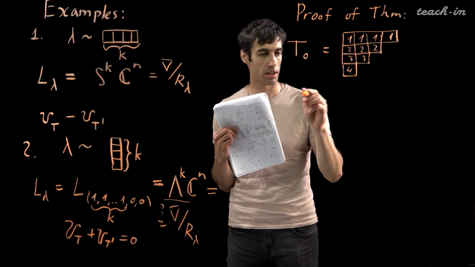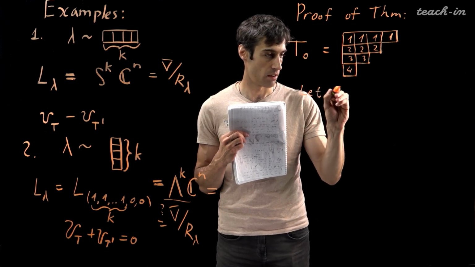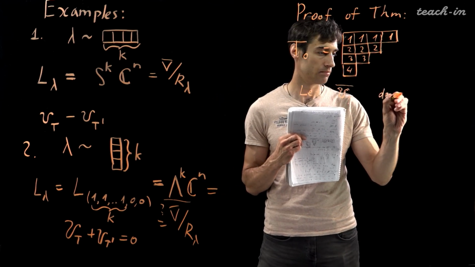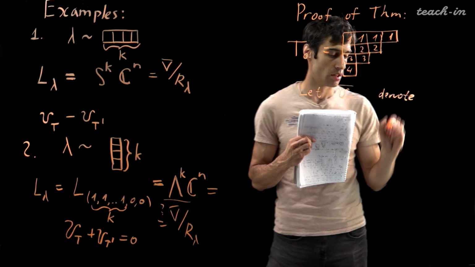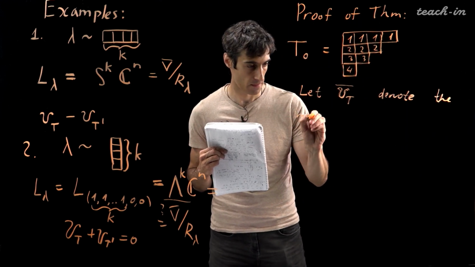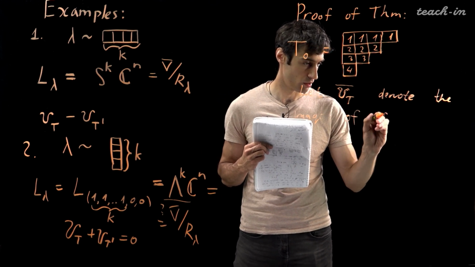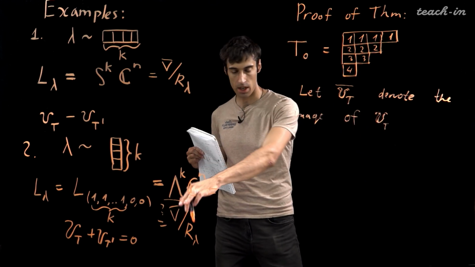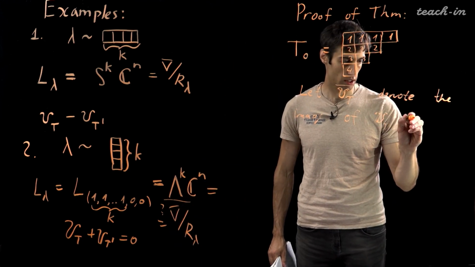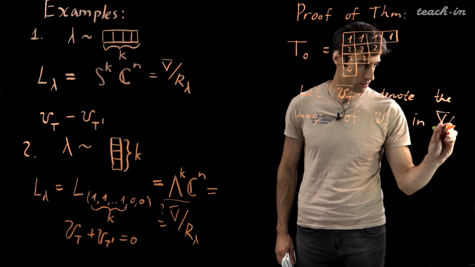So I claim. Let Vt0 bar denote the image of Vt0. So Vt0 is a vector in V bar, but I would like to consider this image after quotienting, so the image in V bar quotient R lambda.